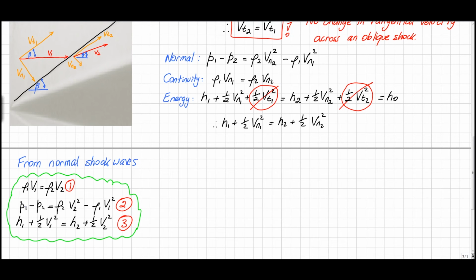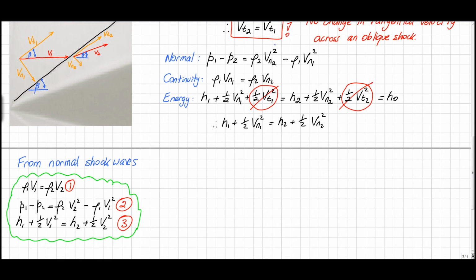We had a relationship for how the density times velocity changed across the normal shock wave. From our momentum equation, we had a relationship between the pressure and the change in ρv squared, and we also had our energy equation.